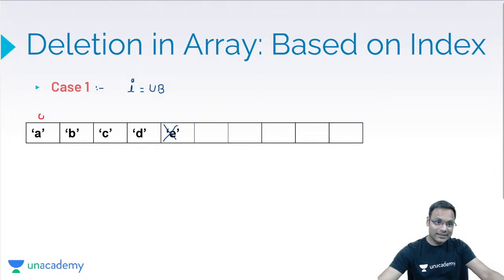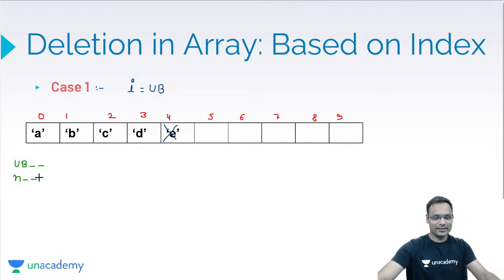So right now indexes are 0, 1, 2, 3, 4, and so on. I'll have to delete this particular element. In that particular case, I'll have to just do one thing, which is upper bound minus minus and n minus minus.